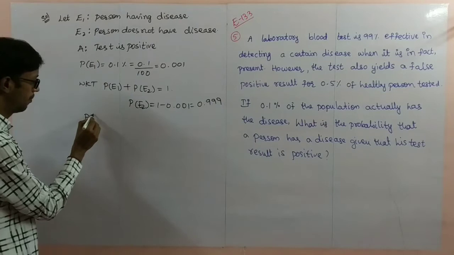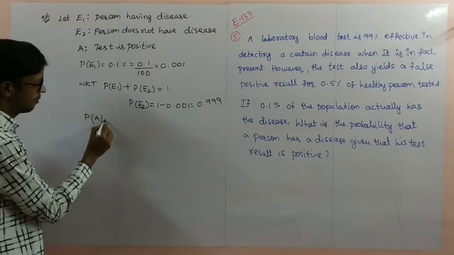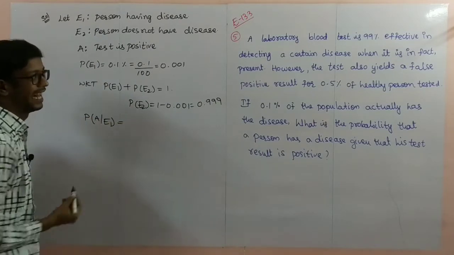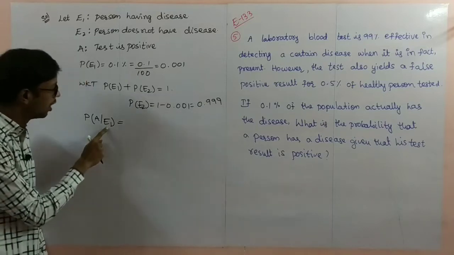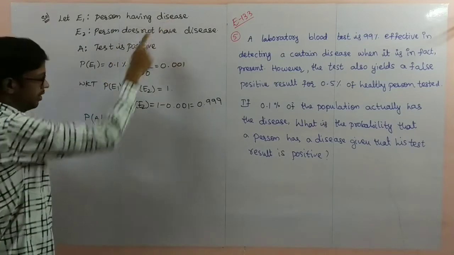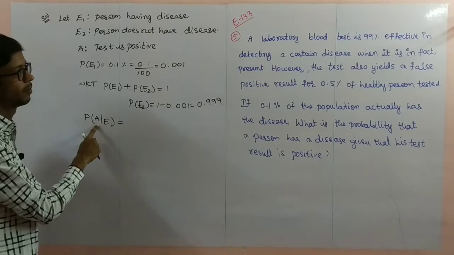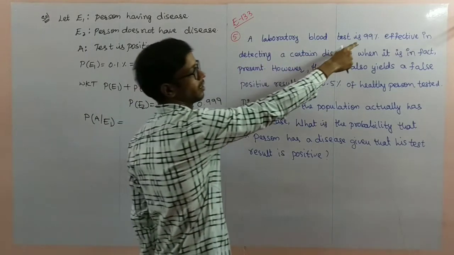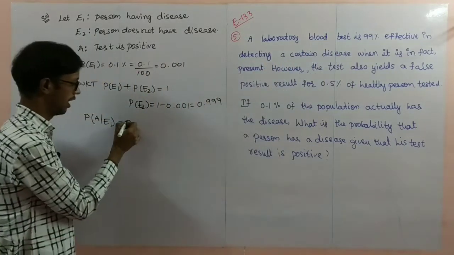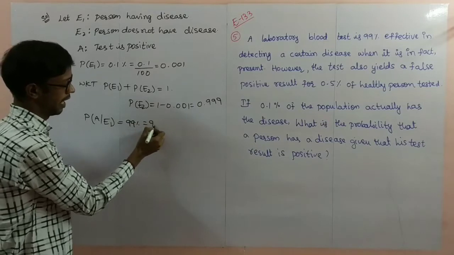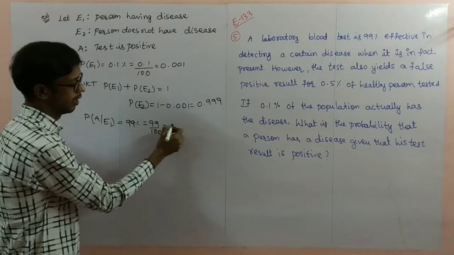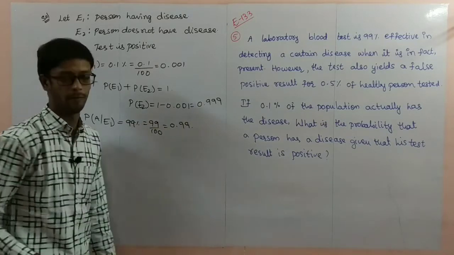So I'll write the probability of A given E1. A given E1 means what? Having the disease, the test is positive. That means 99% correct they are showing. So 99 by 100, that is 0.99.